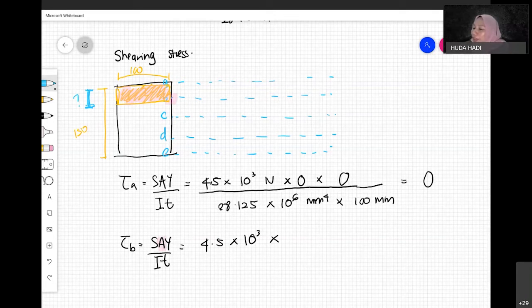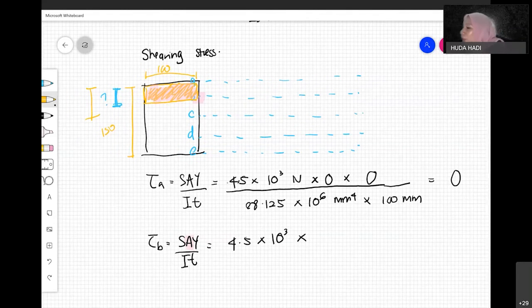So since this is 150, ini 150 bahagi 2 sampai C ni 75. Okay, sampai C 75, so you nak separuh lagi sebab you nak sampai B. So 75 bahagi 2, you will get 37.5. Okay. So 100 mm darab 37.5 sebab ini area.